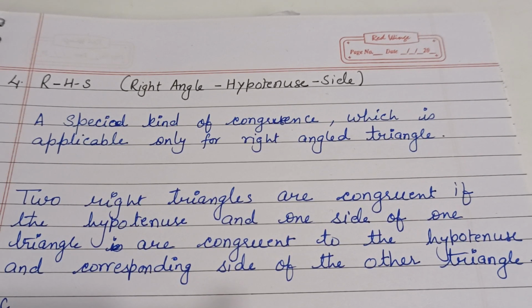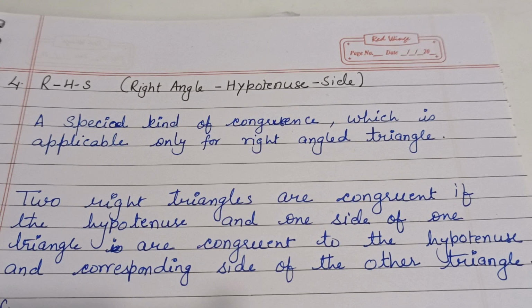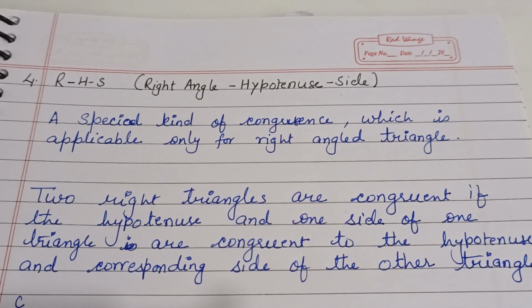The side which is just opposite to the 90 degree in any right angle triangle, that is your hypotenuse. So two right triangles are congruent if the hypotenuse and one side of one triangle are congruent to the hypotenuse and corresponding side of another triangle. Then we can say that both the right angle triangles are congruent to each other.